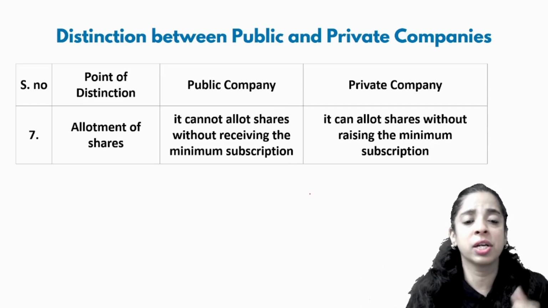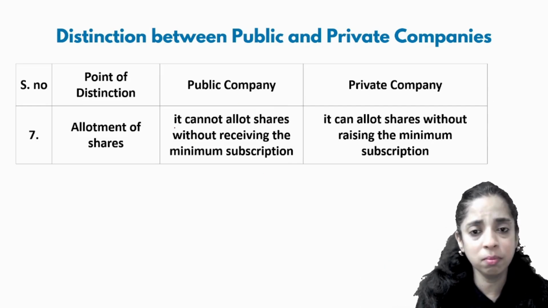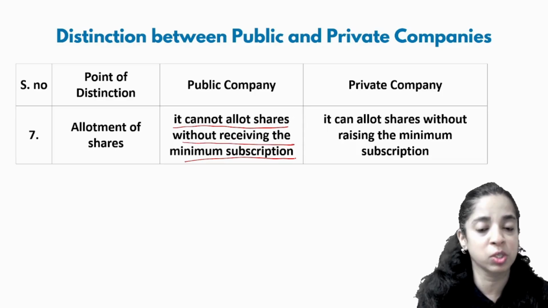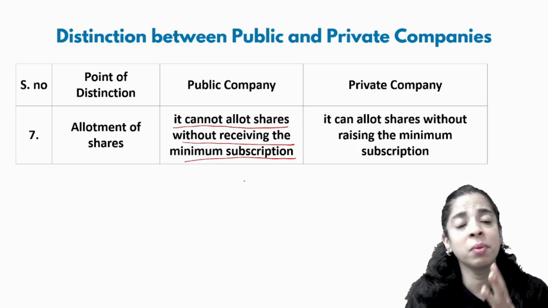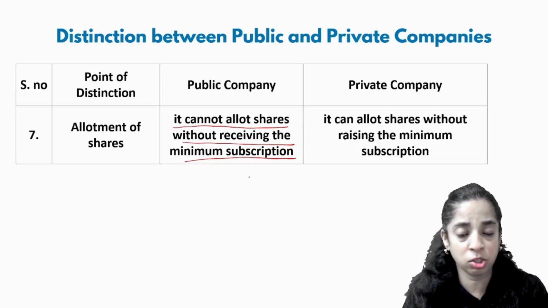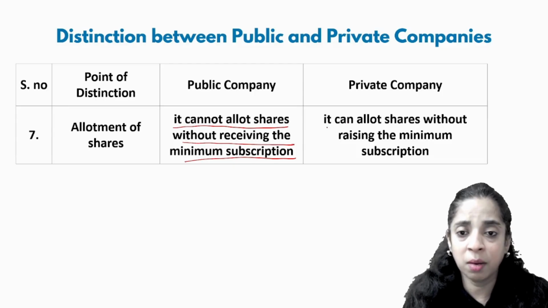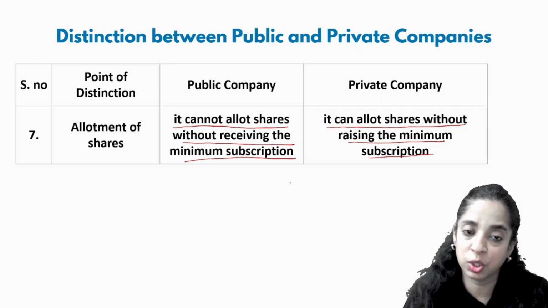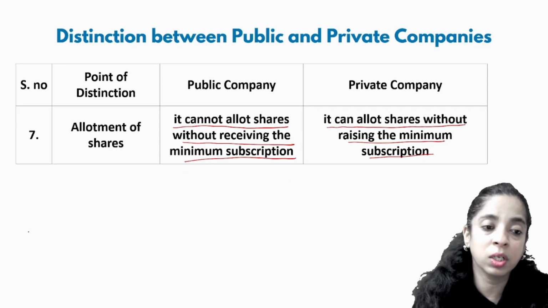Now, allotment of shares. A public company cannot allot shares without receiving the minimum subscription. So there has to be a minimum subscription. After that, it can allot shares. And a private company can allot shares without raising the minimum subscription. So it is very important.